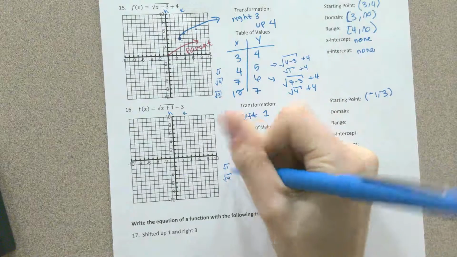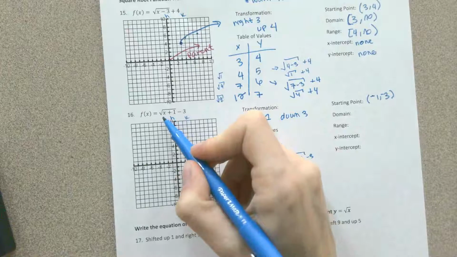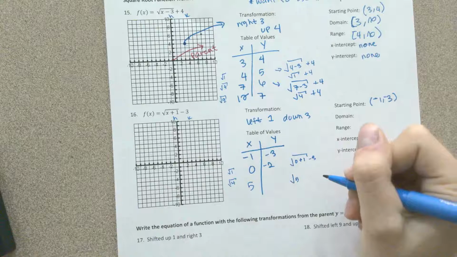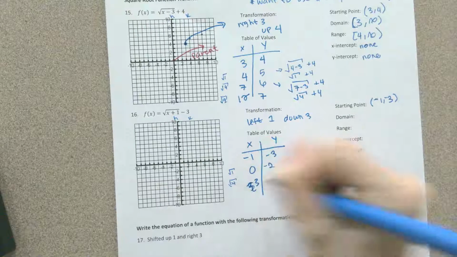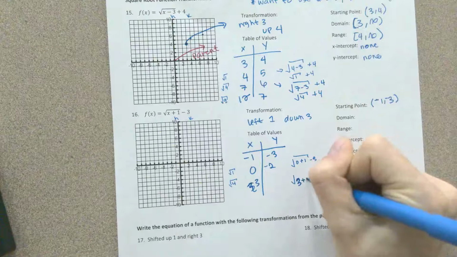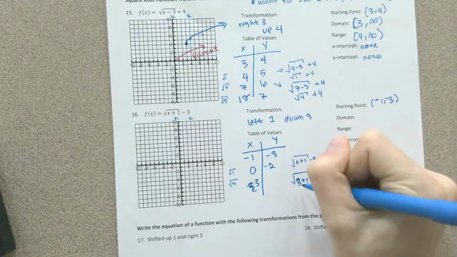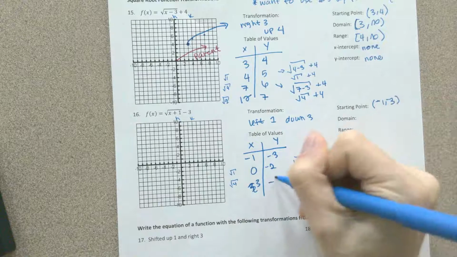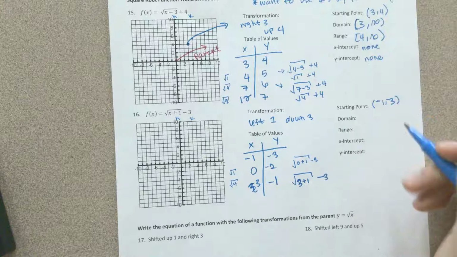If I want the square root of 4 here, x can equal 5. So I'd have the square, oh, just kidding. x can equal 3. So I'll have the square root of 3 plus 1 minus 3, which gives me the square root of 4, which gives me 2 minus 3, which gives me -1.